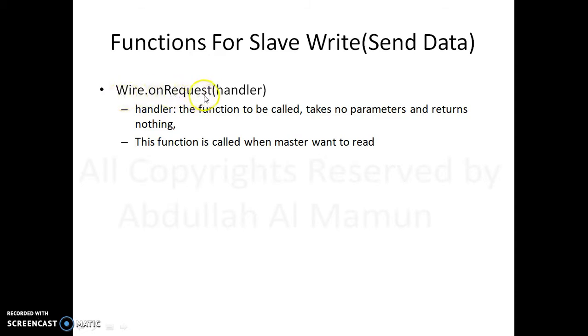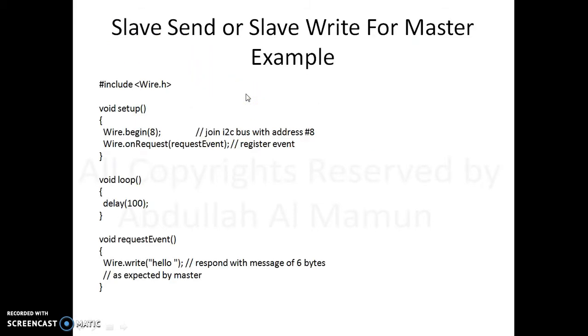Through this function the slave will send the data to the master. In the bracket of Wire.onRequest there is a parameter. This parameter is also a user defined function, and through this function we will send the data from the slave to the master. So here is our code.